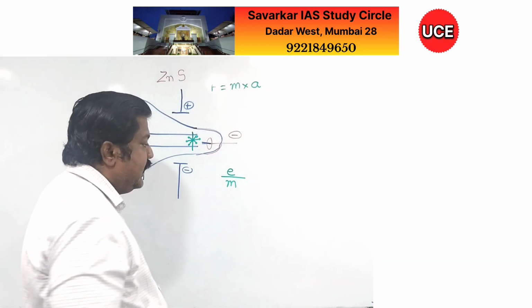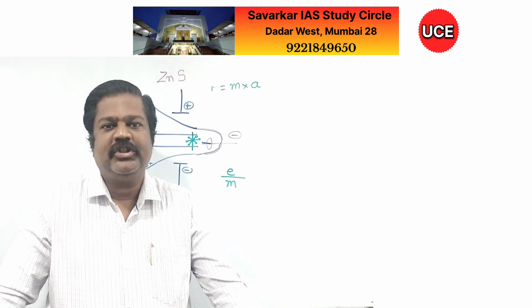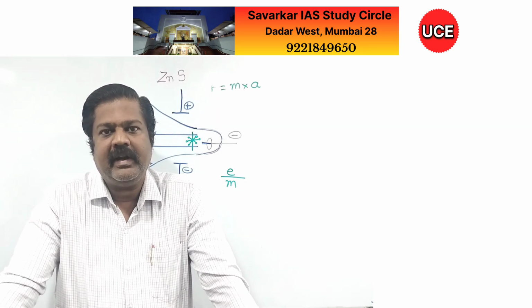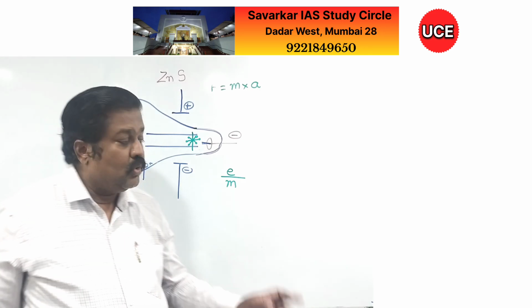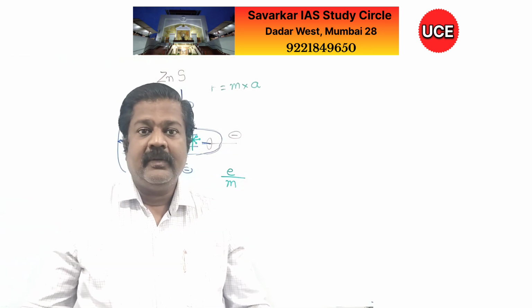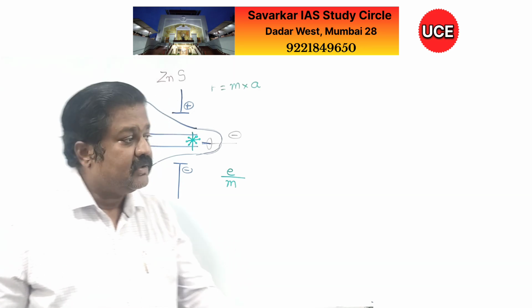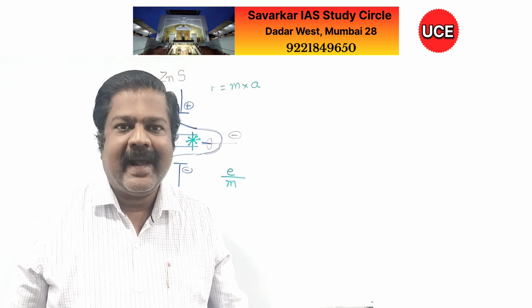This ratio is called the e/m ratio. e stands for charge and m stands for mass. So here we get the e/m ratio, that is the charge to mass ratio for cathode rays. So this is all we can describe about cathode rays.